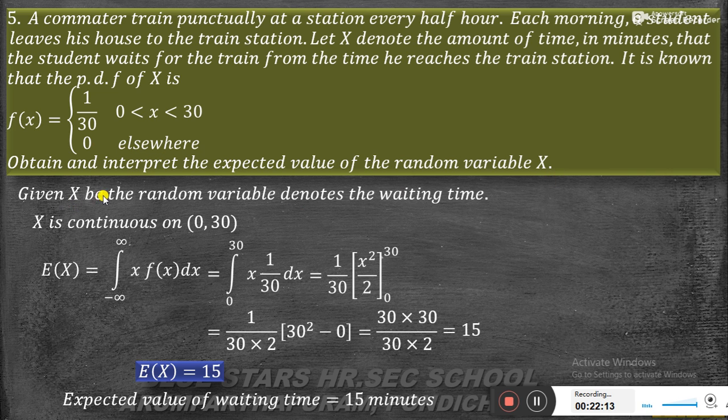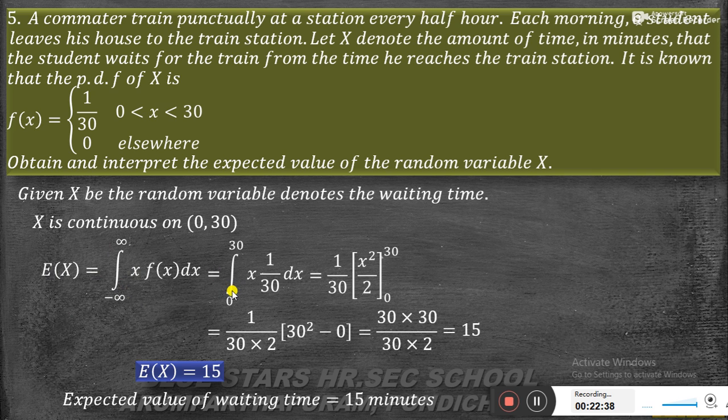So here, given x be the random variable denoting the waiting time. So x is continuous on 0 comma 30, because in the limit 0 to 30 the function is f of x equal to 1 by 30. Therefore, expectation of x, they ask about the expected value of the random variable, that means E of x. E of x means mean. Therefore, E of x equal to integral minus infinity to plus infinity x f of x dx.